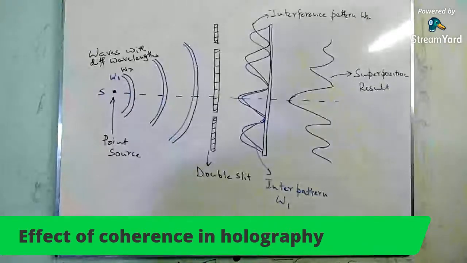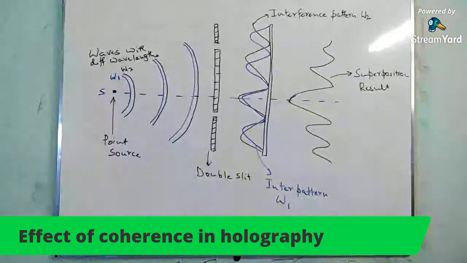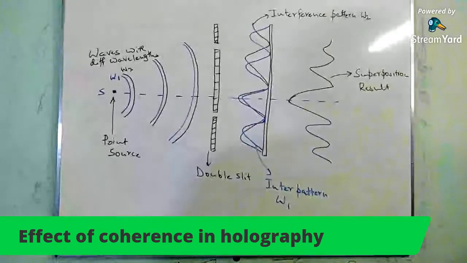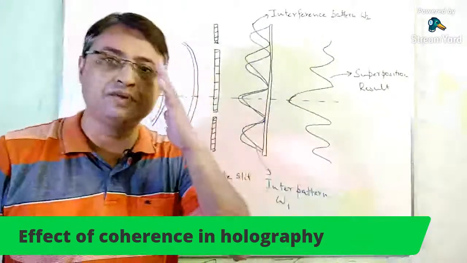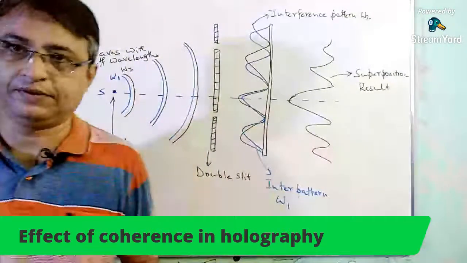Now, as the two patterns are of different wavelengths, they will add up on the observation plane in intensity, forming a new pattern with an imposed envelope curve, so that the intensity of higher orders will decrease more quickly. So you can find out from the superposition at the extreme end of this figure that the higher order maxima have decreased very fast. Okay, so this is the effect of temporal coherence in holography.